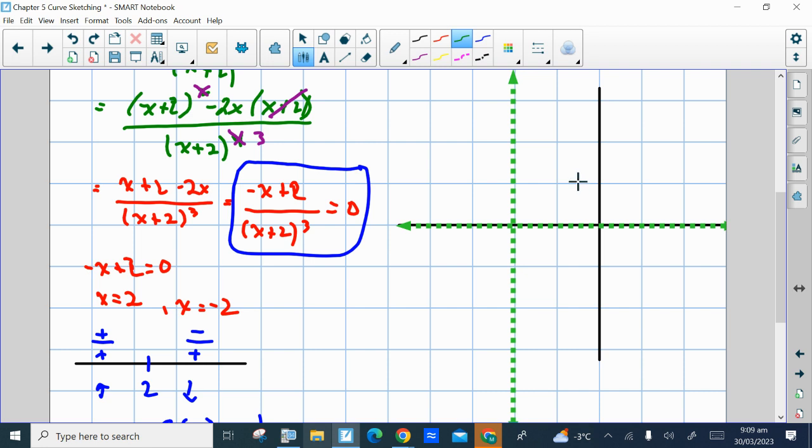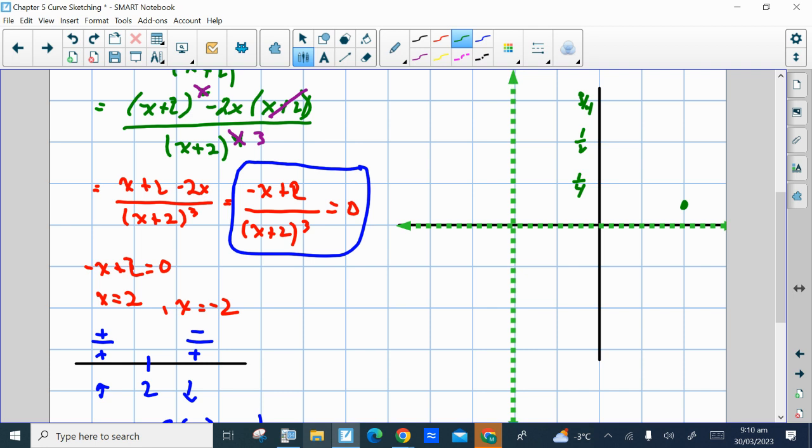Maybe I'll use a scale of, I don't know, 1/4, 1/2, 3/4. Because I need to show a point y equals 1/8. The point 2, 1/8 is a local maximum point. So according to the scale that I chose, that's going to be that point right there.